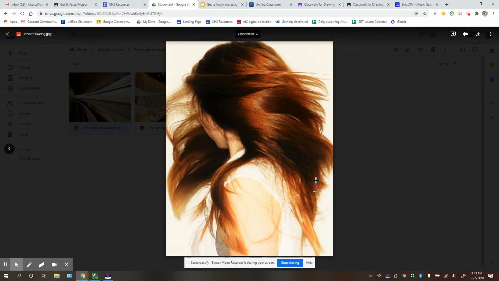So because of all the curves and the long hair and the hair going off the edge, the body going off the edge, our eyes have lots of places to travel and come back on and move around again. So again, make sure when you're thinking about visual movement, it does not have to be something that is actually moving like this. It's all about the way the viewer's eyes move when looking at the picture.